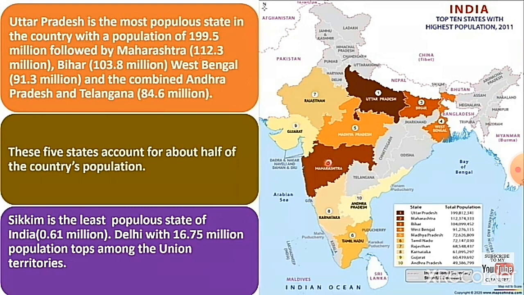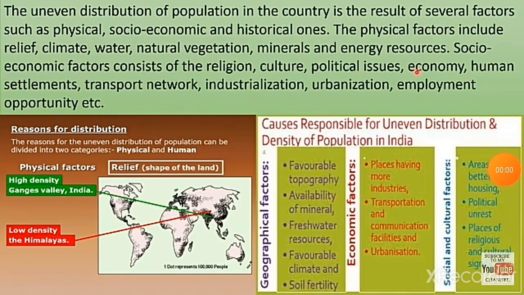Among the union territories, Delhi is the most populated. The uneven distribution of population in the country is a result of several factors such as physical, socio-economic and historical ones. Based on the physical factors, the people will be distributed in the areas.